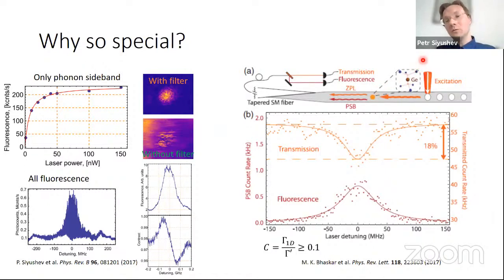And if you excite it from one end and measure transmission, you would see exactly this extinction by a single defect. And here you can already achieve 18%, which is an indication of very strong light-atom interaction.